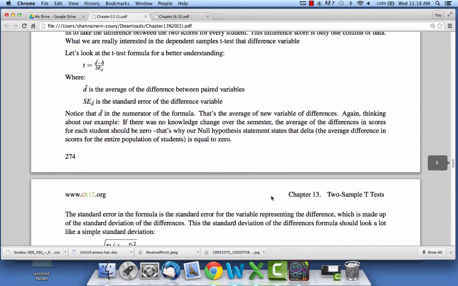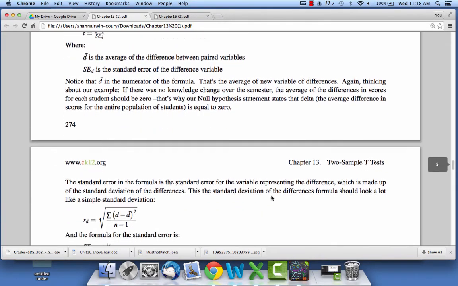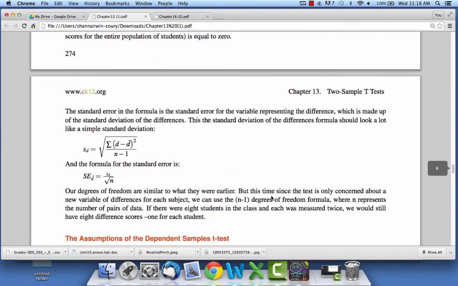Okay, so the only difference here is that we do the standard deviation in this totally normal way. If I replaced this with x_i and x bar, this would just be the standard deviation. It's the exact same guy.